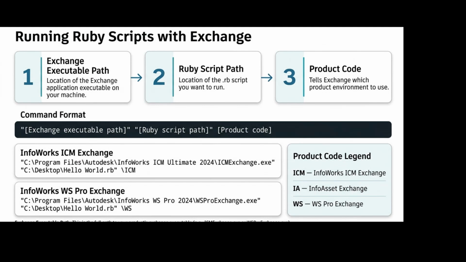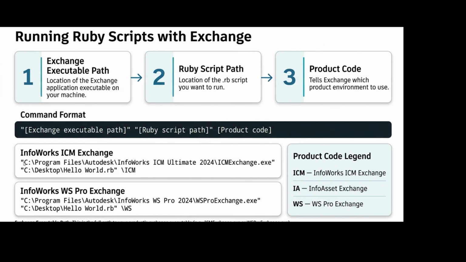Whenever you get this, you paste it over here as the execution path, and then the Ruby script path. Whatever Ruby script path you get, we paste it over here, and then you put a forward slash and whatever product you are using. If you're using ICM, put ICM. If using WS Pro, use WS Pro here.